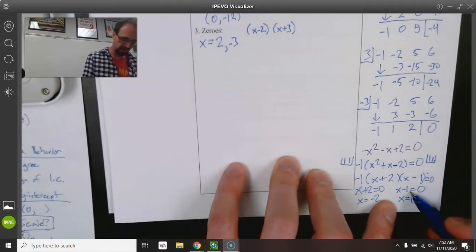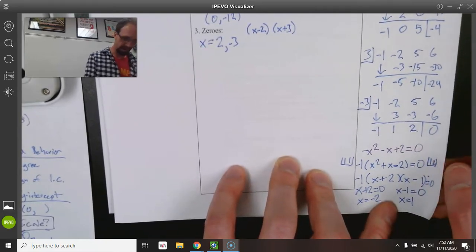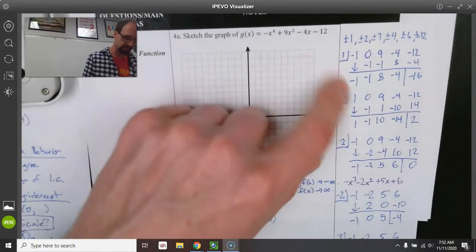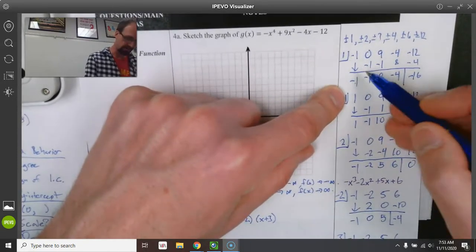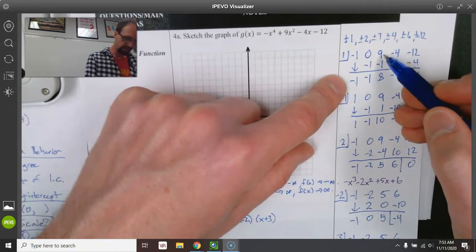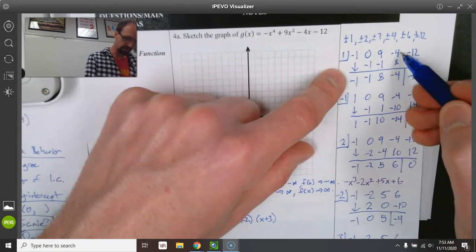Now this is a red flag. This probably means that I made a mistake in my multiplication from above because we found out that x couldn't have been 1 from earlier. So if I go back and check with x equaling 1, I'm just going to check these two because it looks like I may have made a mistake in multiplying. Some of you are probably already seeing that. Negative 1, 8. 8 times 1 is 8.